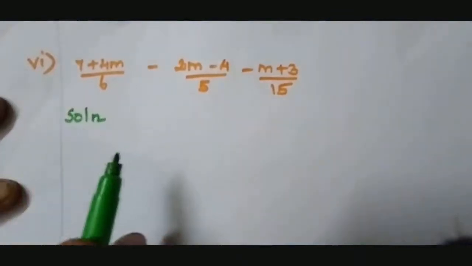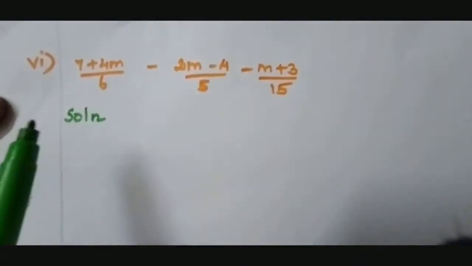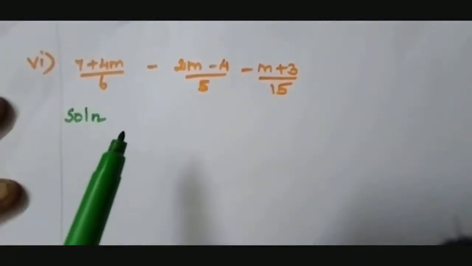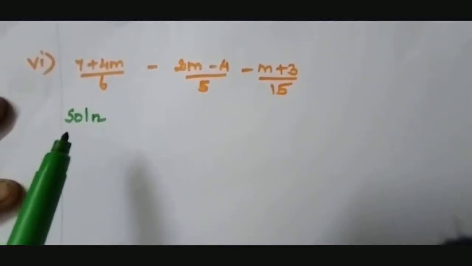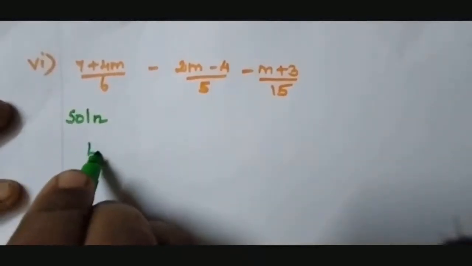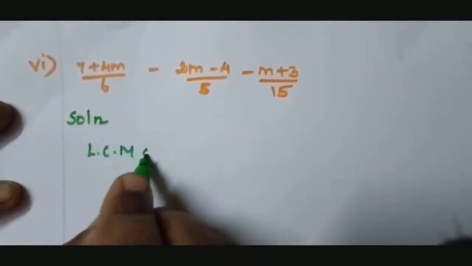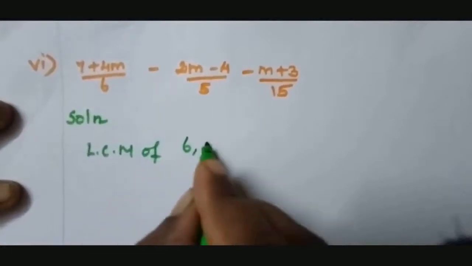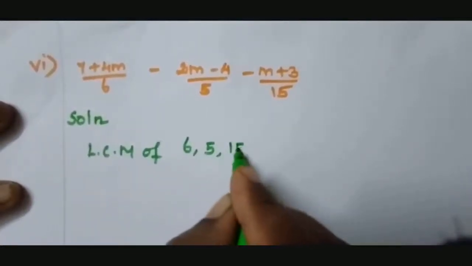So how many terms are given here? There are 3 different terms. How do we solve this one? What's the first step we have to take? The first step we have to take is the LCM of 6, 5 and 15.